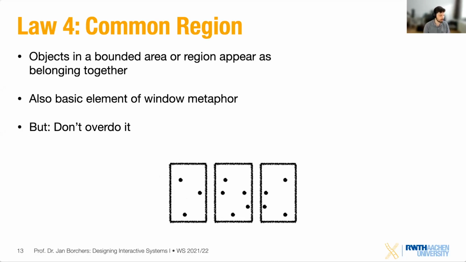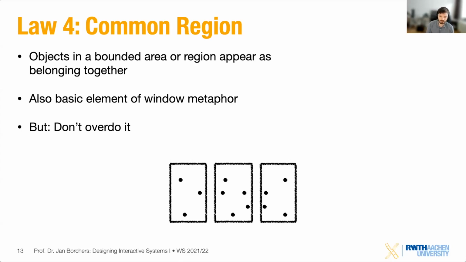If you have a region, however this region looks, and elements are inside this region, those elements are grouped together for us. So for example, here we understand the boxes as regions to group the dots, but this can also be different things, for example color or texture of what you see.